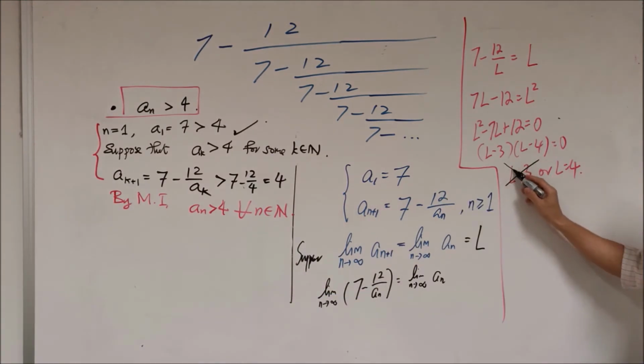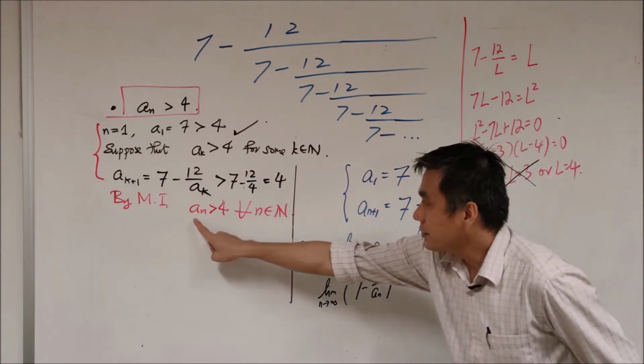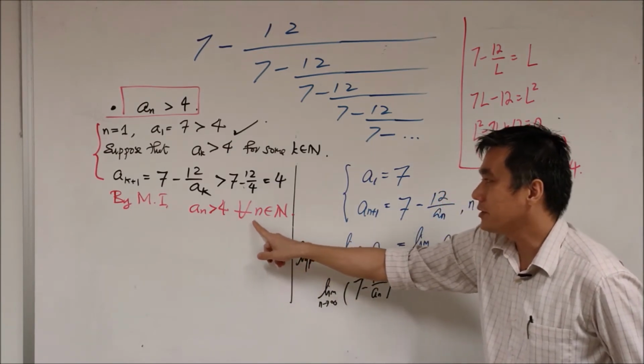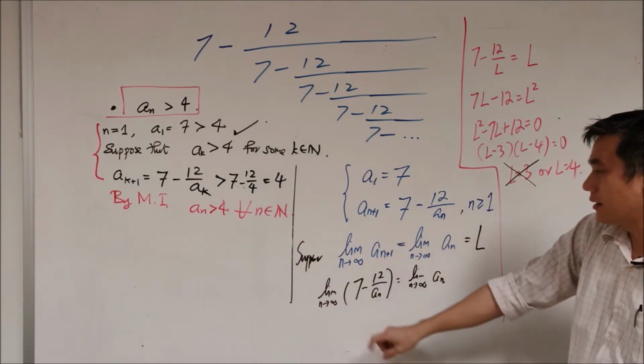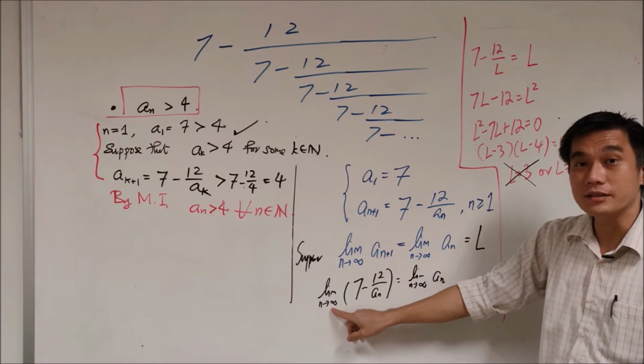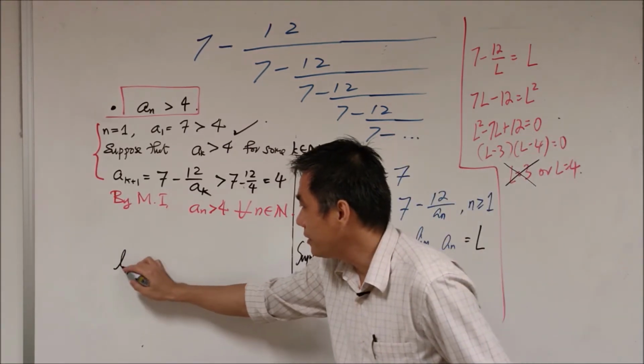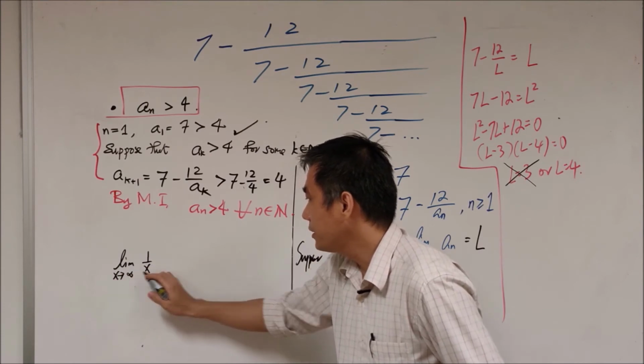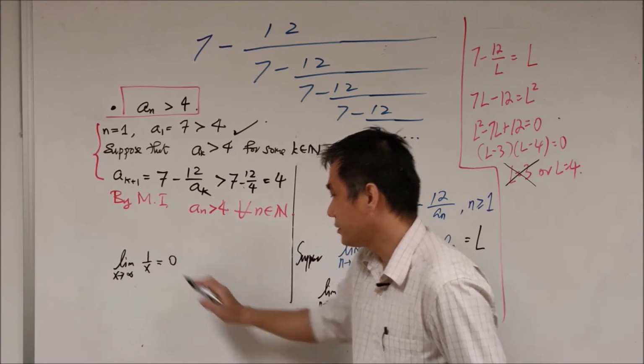Does this mean L cannot be equal to 3? Note that the statement says An is greater than 4 for all positive integers n, but right now, n tends to infinity. It's just like saying that the limit of 1 over x when x goes to infinity is equal to 0.